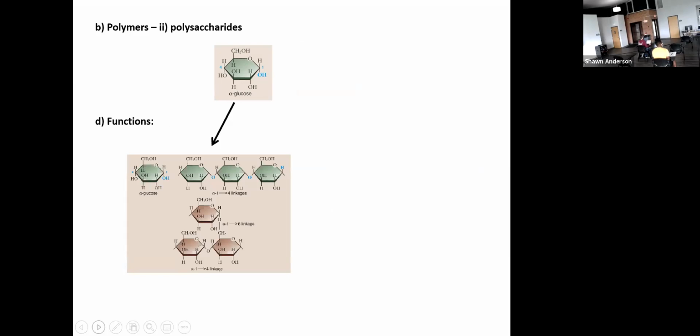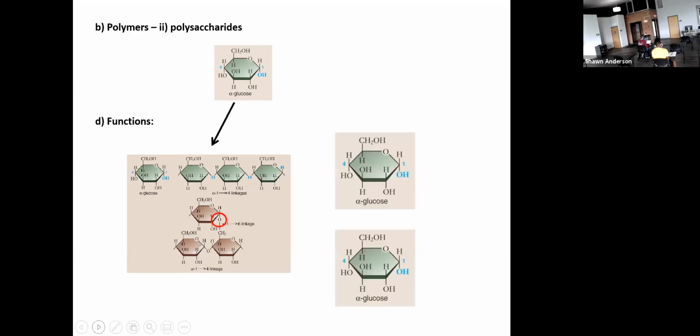Alpha glucose molecules are capable of forming not just the 1,4 bond that we see here, but also this other kind of bond, this alpha 1,6 linkage. So alpha glucose monomers are capable of forming two different kinds of alpha bonds. Alpha 1,4, alpha 1,6.